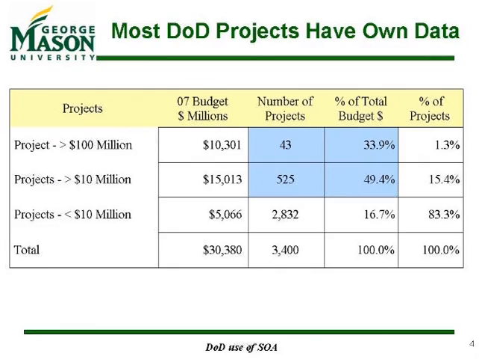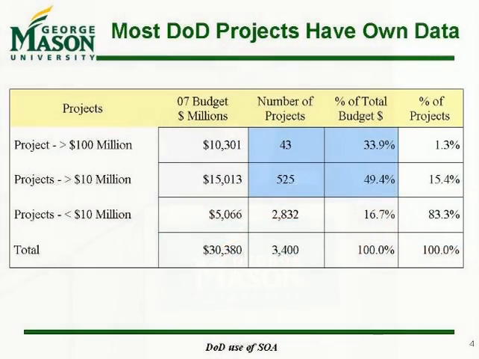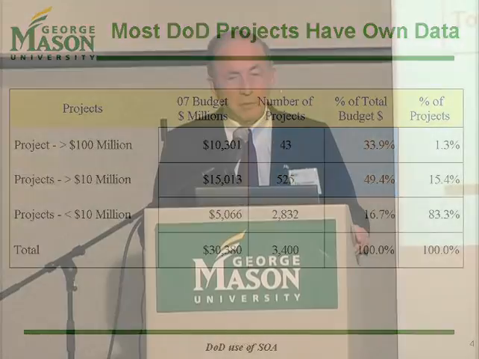But let me give you an economic analysis. There are only 43 projects in fiscal 07 with a budget in excess of 100 million. None of them are SOA. There are 525 projects with a budget in excess of 10 million, and only 3 pilots are in place so far as I know.